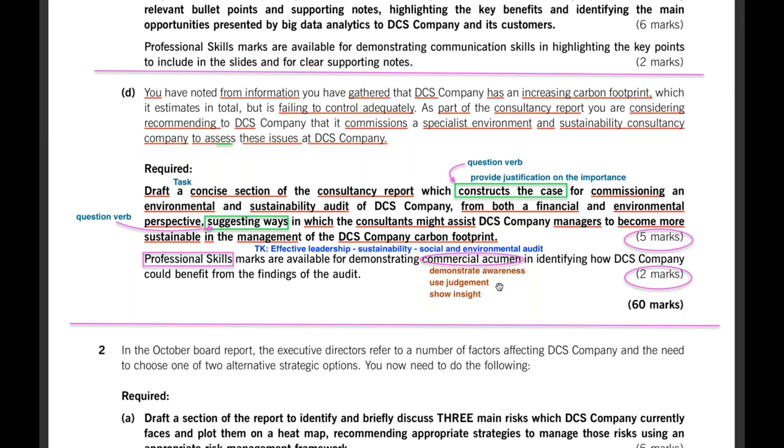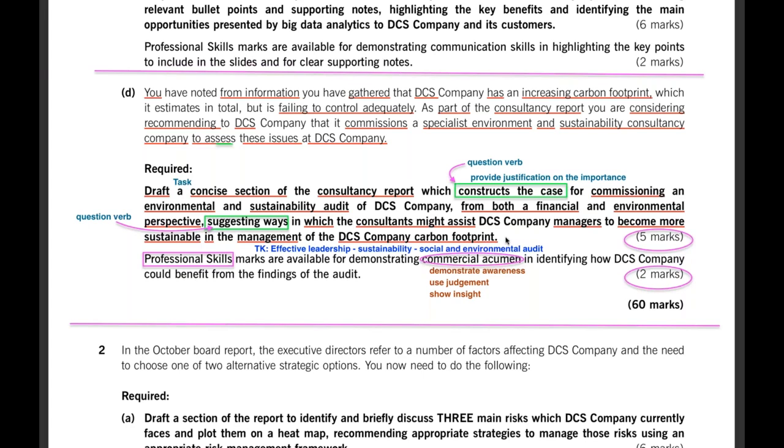You need to demonstrate your awareness of why carbon footprint is very important for an organization, in this context for DCS. If you show that in your answer, then you are indirectly demonstrating your awareness, using your judgment, and showing your insight.